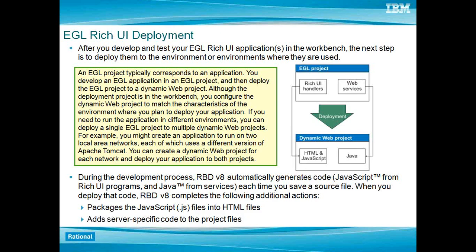And then once we are done with our project development and we have debugged our application and it's running according to our expectations, now we are going to deploy it on any J2EE compliant application server like WebSphere, WebLogic, or even on Apache Tomcat. When we are deploying it, the HUI handlers, the data representing our interface, will be converted and translated into HTML and JavaScript.